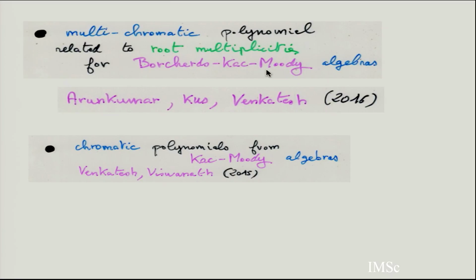I am not an expert on all these fields. I am impressed that coloring is a very simple thing, and multicoloring, you do this very often in India, and to be related to this deep algebraic structure is amazing, and that they give an interpretation of the multiplicity of the root in terms of this multichromatic polynomial.